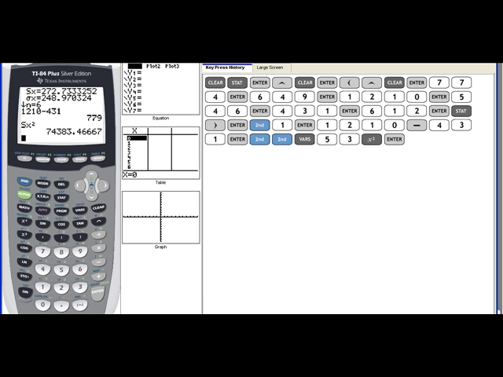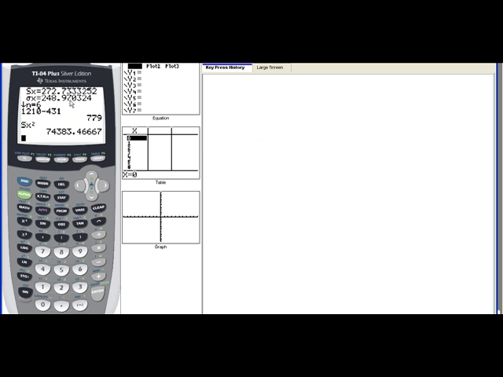Okay, I've got everything cleared. Okay, so I wanted to take my largest value, which is 97 minus 69. So that's a range of 28.